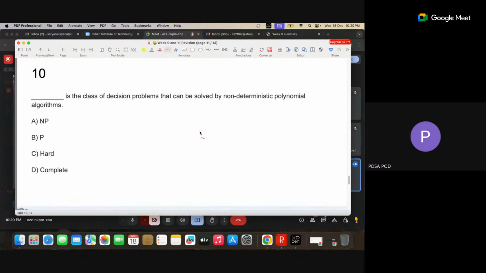There is an algorithm, and in that algorithm, step 1, step 2, step 3 are there. Steps 2 and 3 are solved in P time, polynomial time. But this particular step is not solved in P time. These kinds of problems are called non-deterministic polynomial time, non-deterministic polynomial.